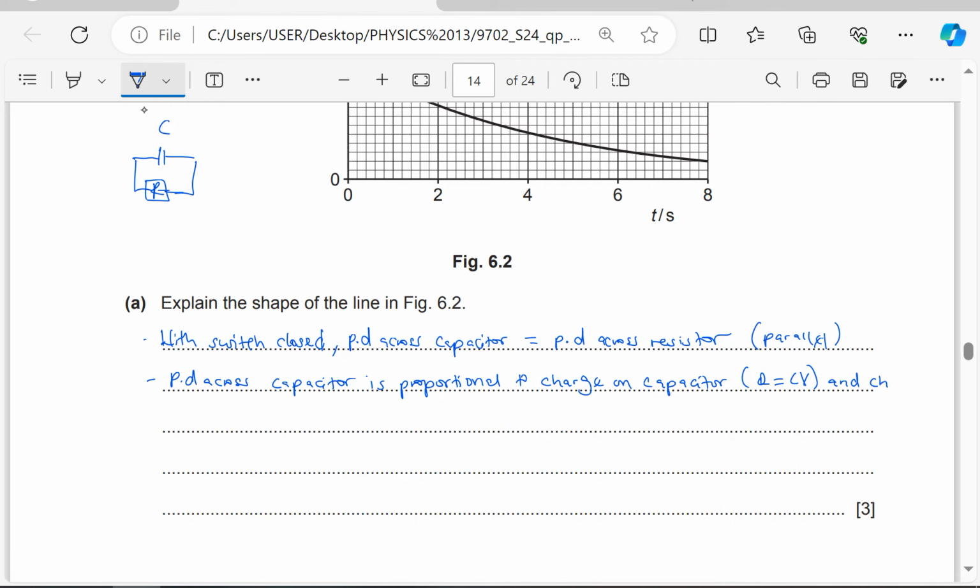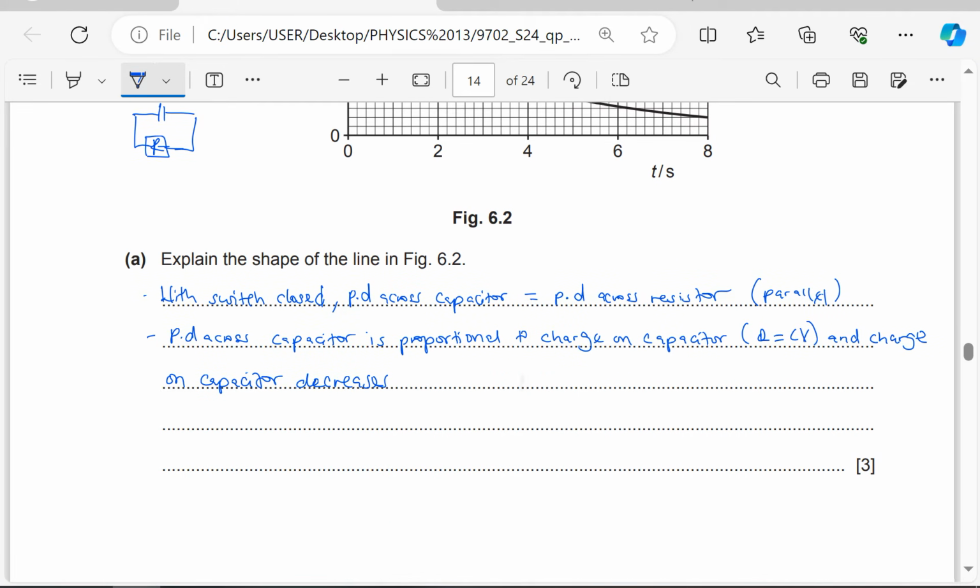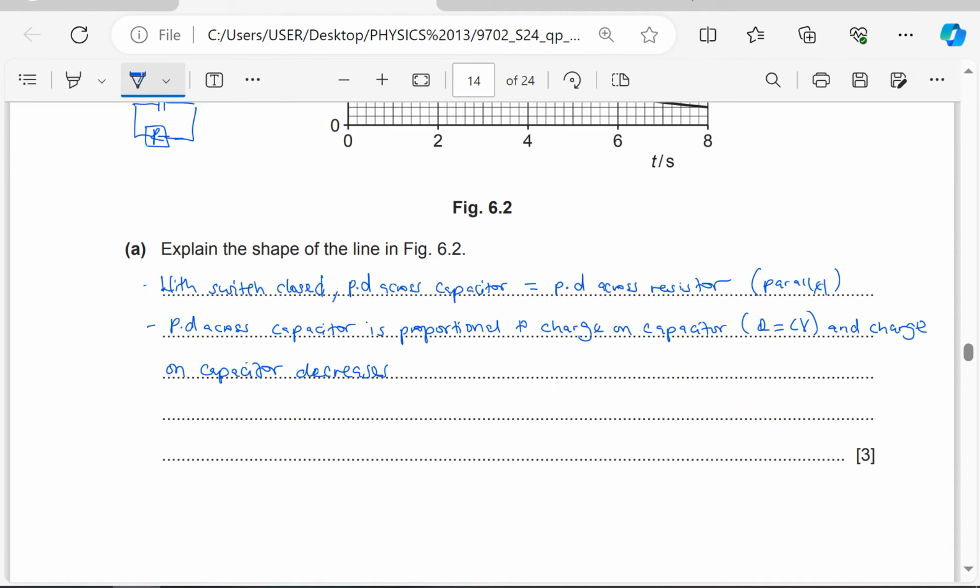The charge on the capacitor decreases. If the charge on the capacitor decreases, it means the PD has decreased. So it also means the PD across the resistor has decreased, and the charge on the capacitor decreases with time.